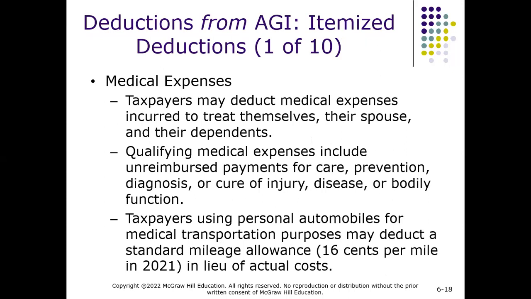In 2021, Jason was married and filed a joint return. He paid $2,000 of interest on the loan, and he reported modified AGI of $152,000. What amount of interest expense is he allowed to deduct?